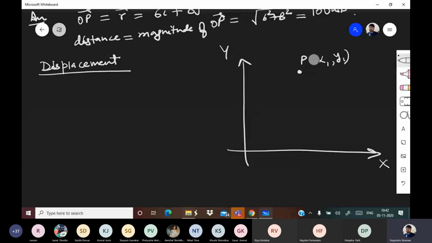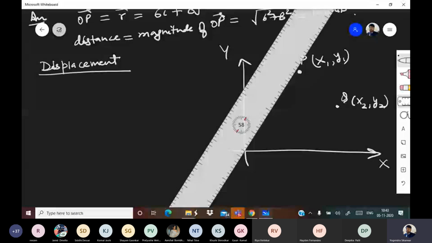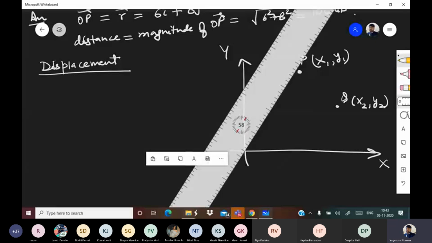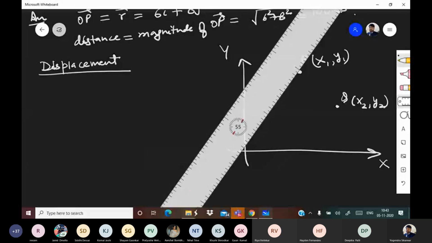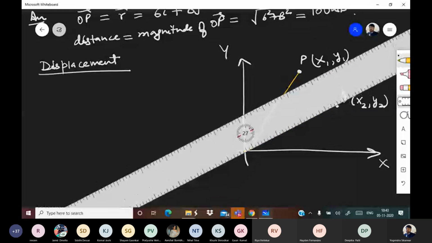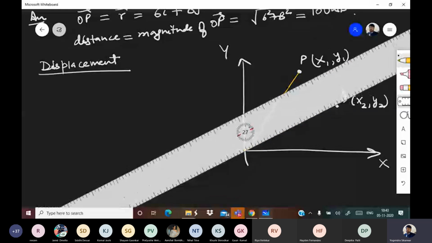From P it goes to Q, and the coordinates of that point are x2, y2. So try to understand what is happening. First, the initial position vector of the object will be the OP vector. The final position vector will be the OQ vector.